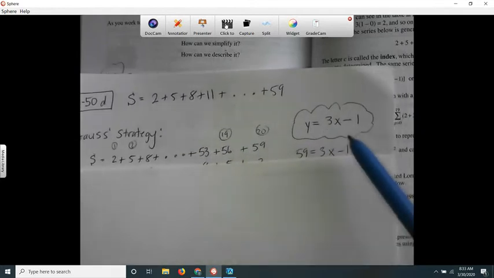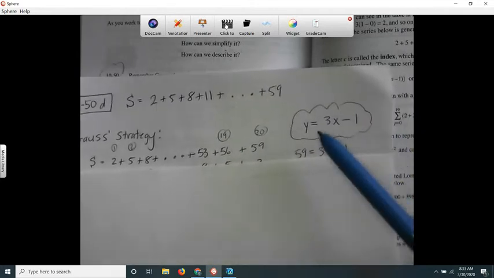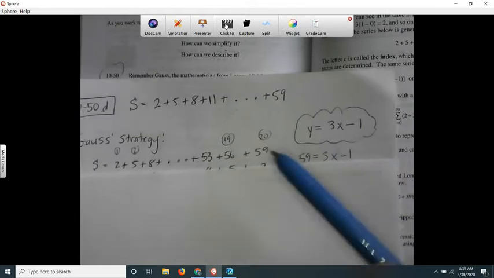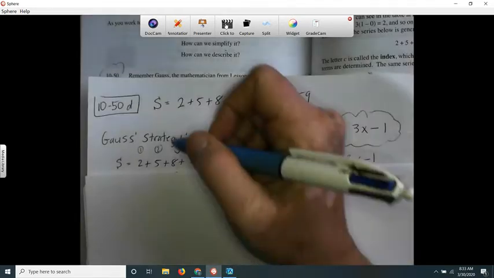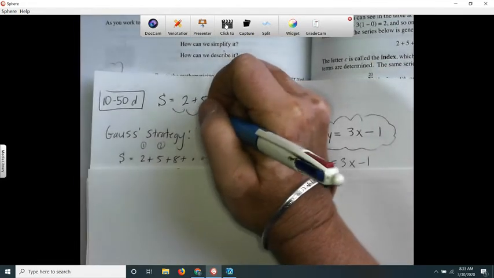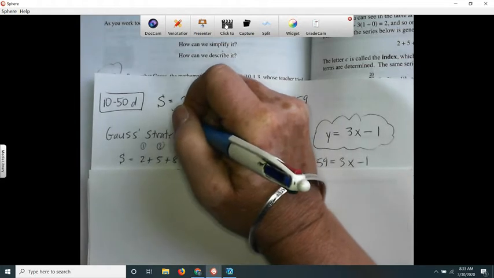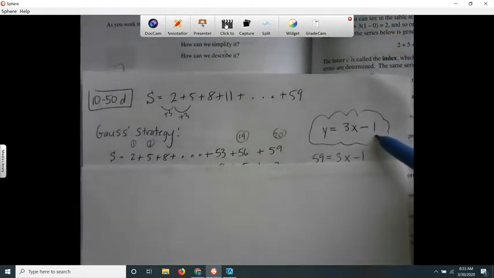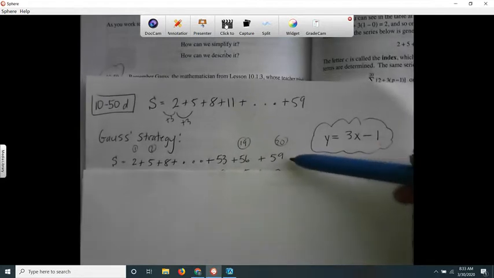So that's why I wrote a little formula for it. I wrote an equation. The slope is going to be 3. And the y-intercept, if I went backwards, if I'm adding 3 every time, what plus 3 equals 2? Well, negative 1 plus 3 equals 2. So that's how I can find out.